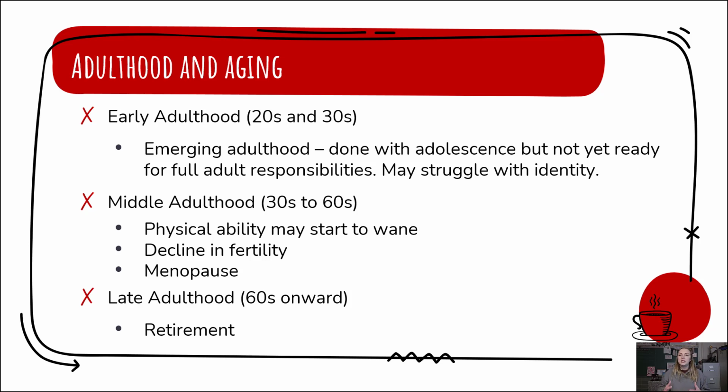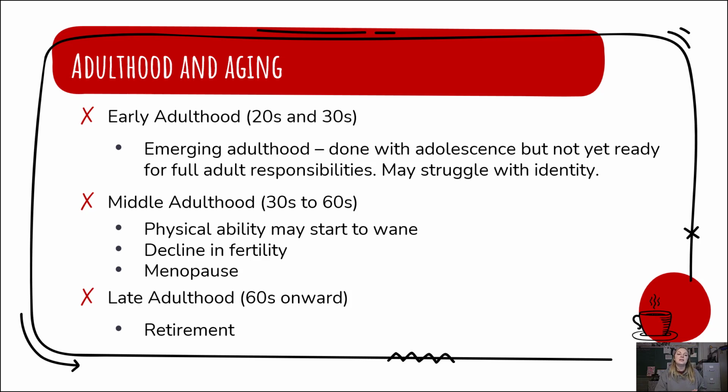And this is when the person is done with adolescence, but they're not really ready for full adult responsibilities yet. This person may also be struggling with identity. Usually, emerging adulthood is going to be senior year of high school, maybe freshman year of college. So right between that 18 to 20 range, when the person is physically developed, but they're not quite ready for all of what adulthood is.